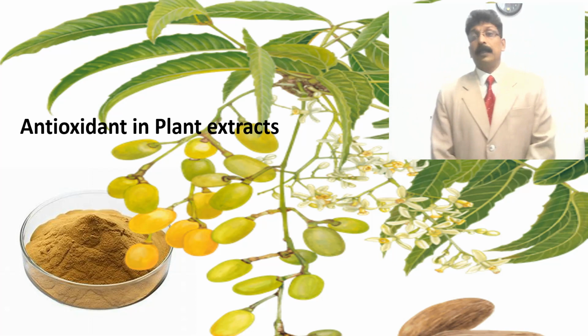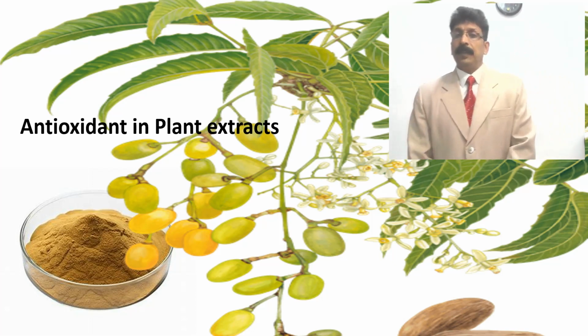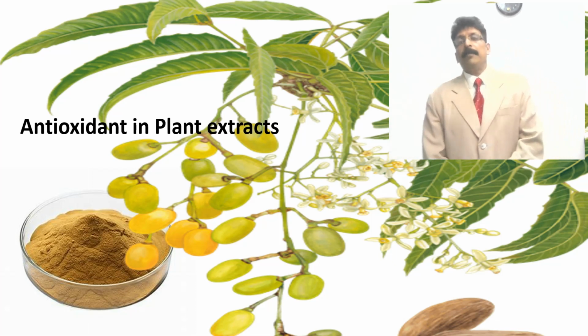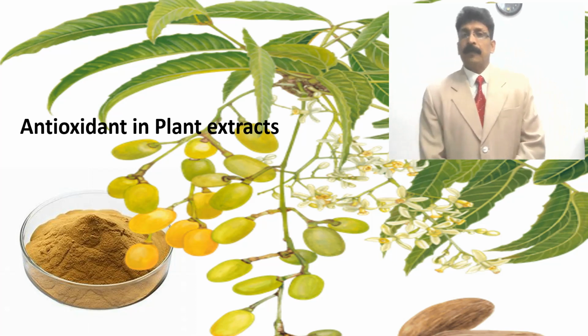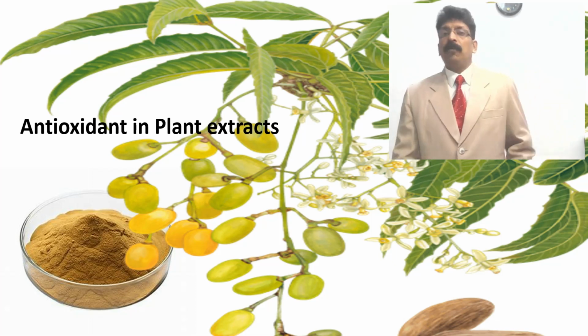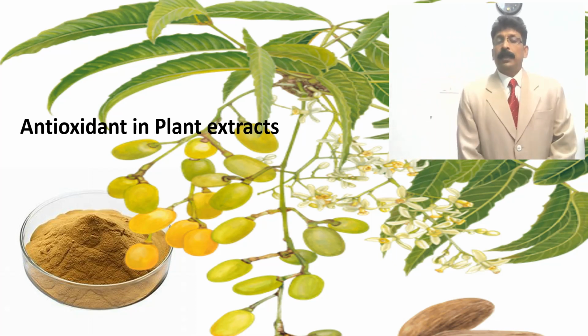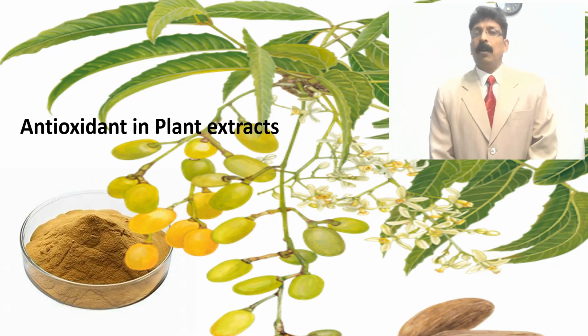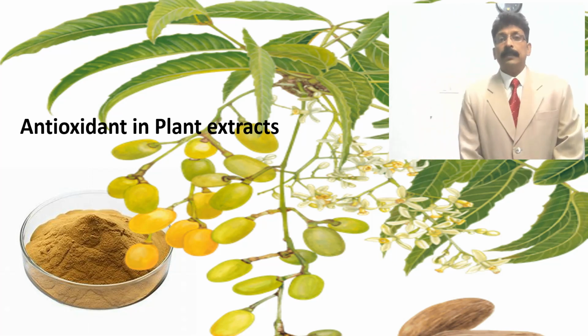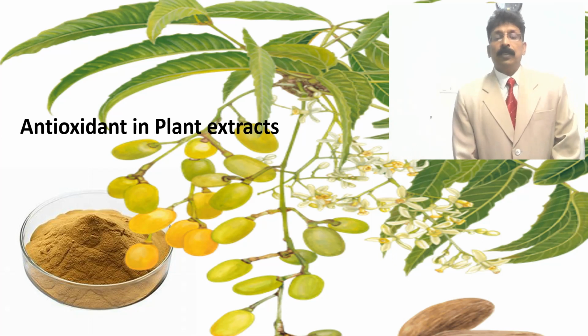That other one is different. There is a lot of work done on the leaves, but we have taken the seed, a very hard seed, crushed, and the powder was extracted, and then we looked at the antioxidant effect.